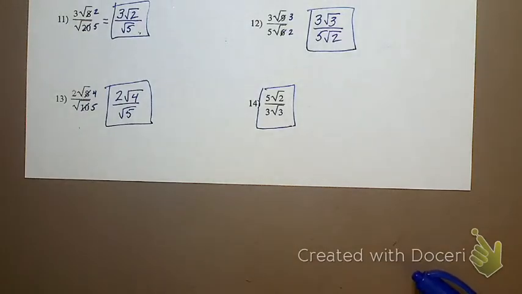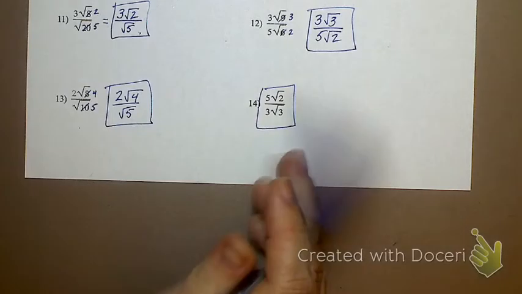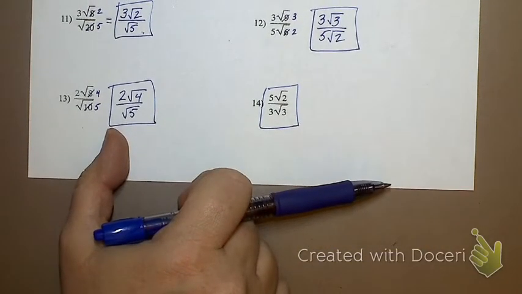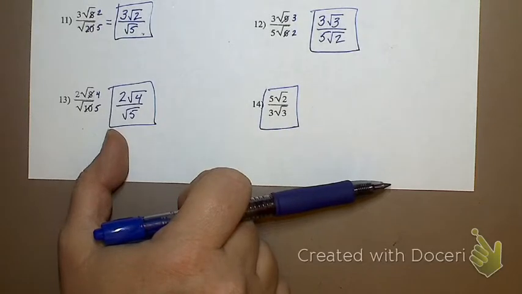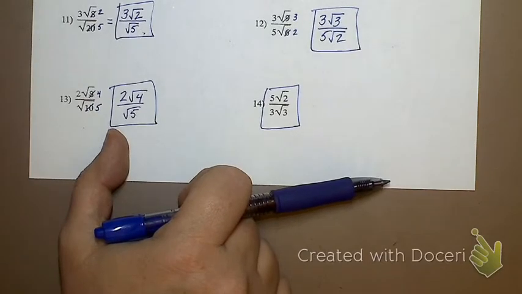Yes? I have a question for number 13. Can't you do 2 radical 4 and then you'll get 2, like if you break it? Like if I draw a tree for 8? No, like not for 8, for 4. Oh, like simplify.